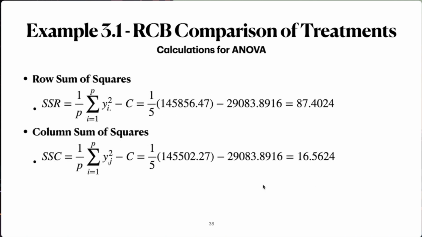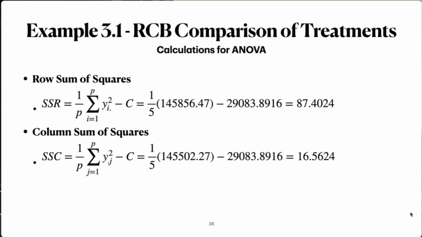Then we divide that sum of squared column totals by 5, subtract the correction term, and we get the column sum of squares equal to 16.5624. Now I just noticed that I had a little typo here. I had I as the index of summation, but that needs to be J, and so I've corrected that. That will be corrected in your notes.